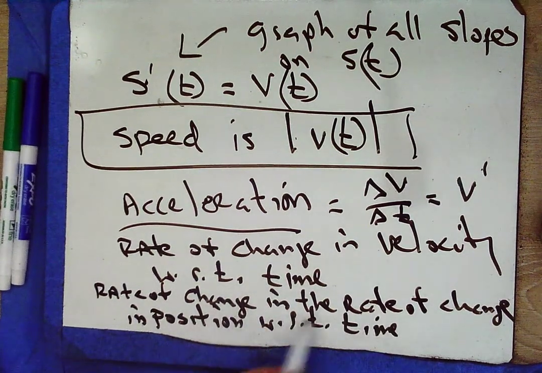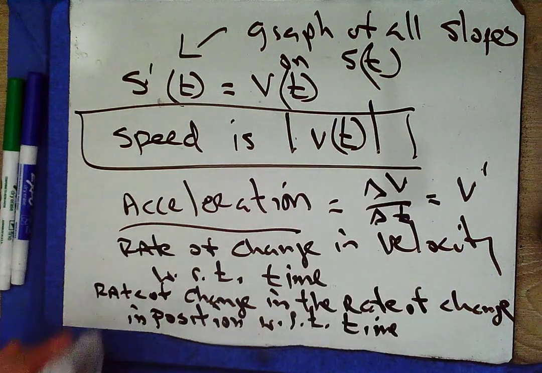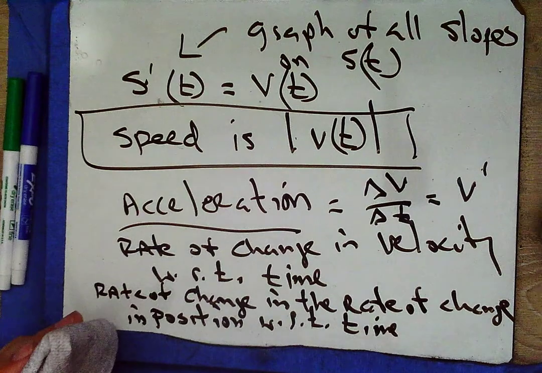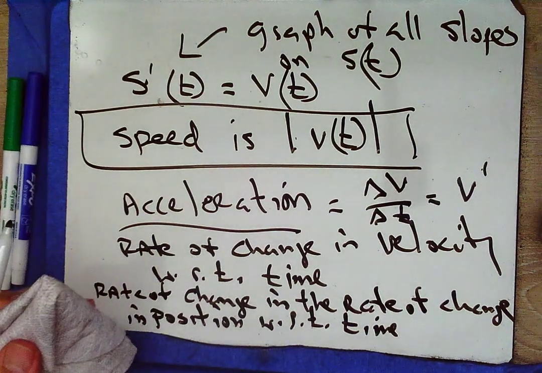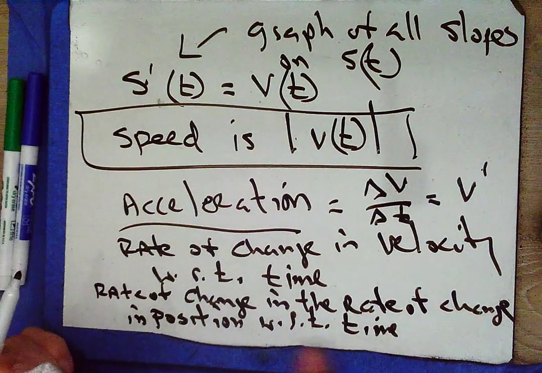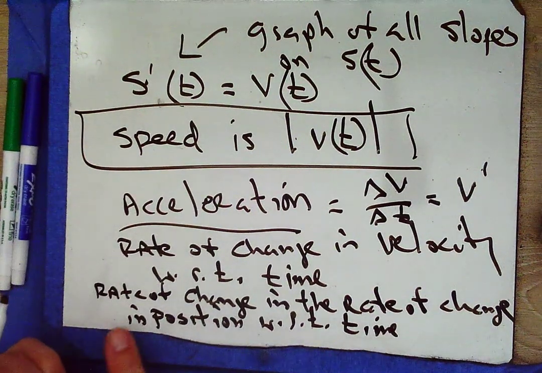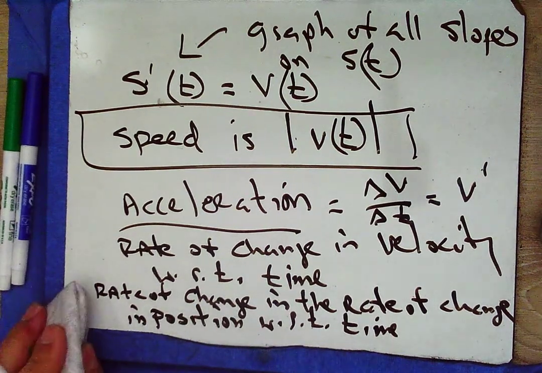The rate of change in the rate of change in position with respect to time. I know velocity is the rate of change in position with respect to time. I know acceleration is the rate of change in velocity with respect to time. But since velocity is the rate of change in position with respect to time, then acceleration is the rate of change in that rate of change of position with respect to time.